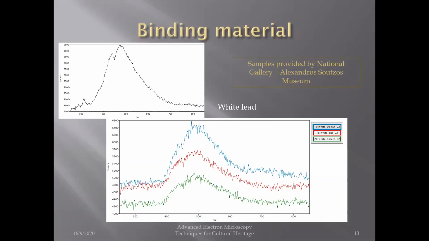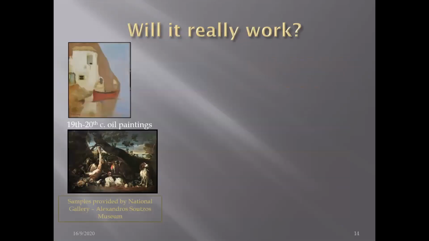This is all very nice when it comes to analyzing individual pigments, but can this technique actually work when we have a real case scenario, an actual painting? So in order to have a first test, we were provided with samples from these two 19th to 20th century oil paintings by the National Gallery in Athens.